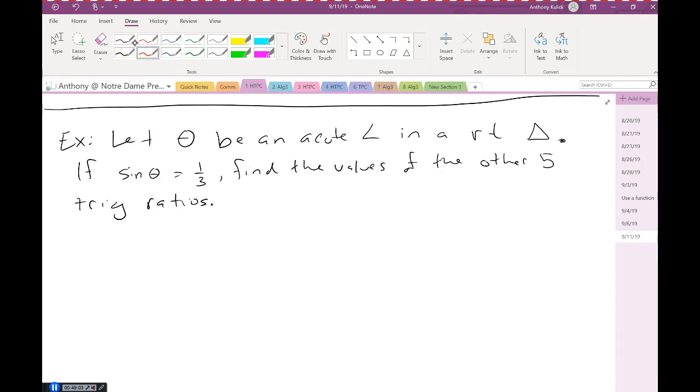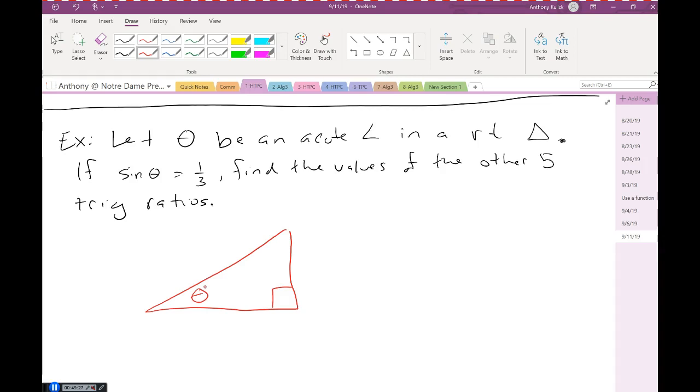What should be my first step in a problem like this? Draw a picture. So we know there's a right triangle. And I'm going to label one of the angles as theta. Does it matter which angle I label as theta? No. As long as it's not the right angle, it doesn't matter.